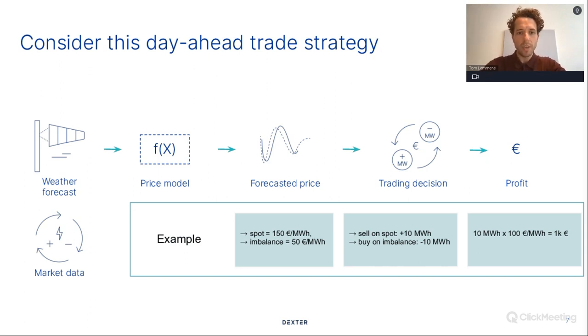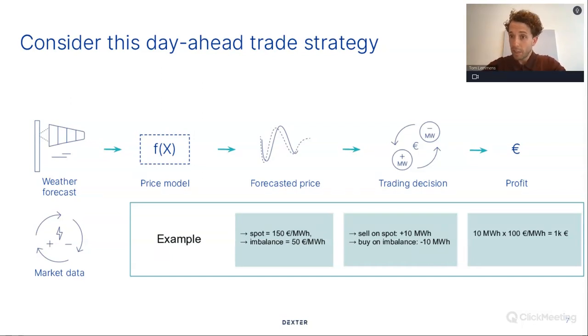Here's what could happen: for example, you have an expected spot price of 150 euros per megawatt hour, expected imbalance price of 50 euros per megawatt hour. Spot is higher than imbalance, so you sell on spot to then buy 10 megawatt hours back on the imbalance market.